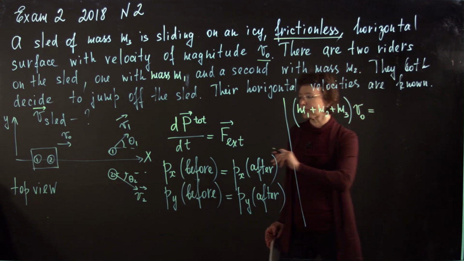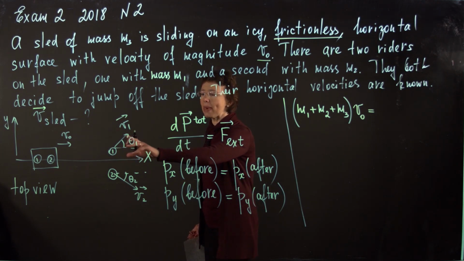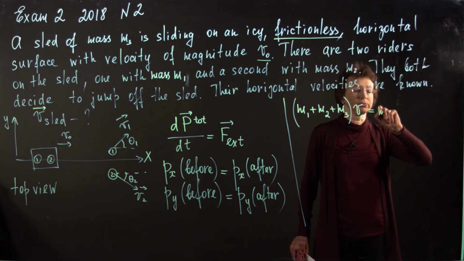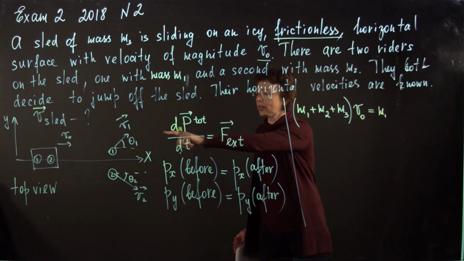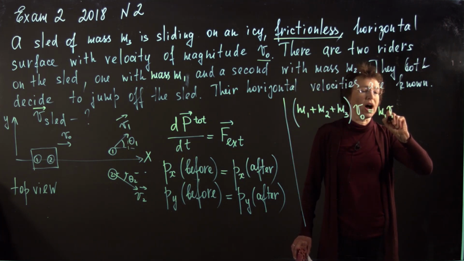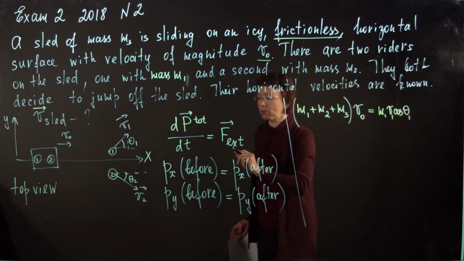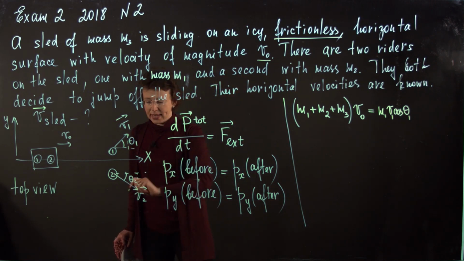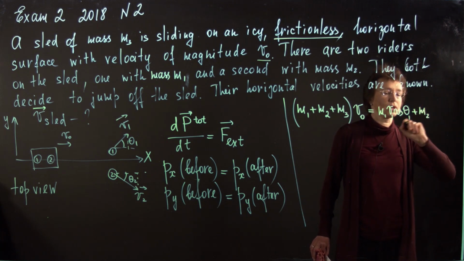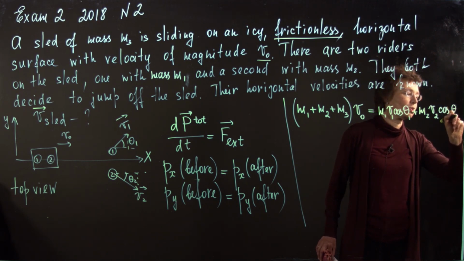What do we have after these two people jumped off the sled? We have momentum in x direction for the rider 1, which is m1, then projection of velocity v1 on x will give me v1 cosine theta 1. Then I will have the second rider, plus m2 v2 cosine theta 2.